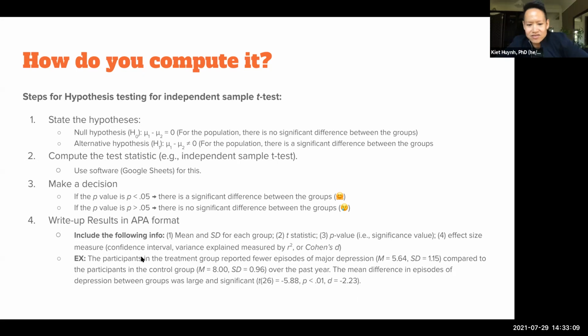So you see here that there's a mean and standard deviation of the first group. This part of the sentence talks about the first group. The participants in the treatment group reported fewer episodes of major depression. So here, because this goes after this treatment group, the treatment group had a mean of 5.64 depressive episodes and a standard deviation of 1.15. So this part of the sentence, compared to the participants in the control group, tells you that this is the mean and standard deviation for the control group.